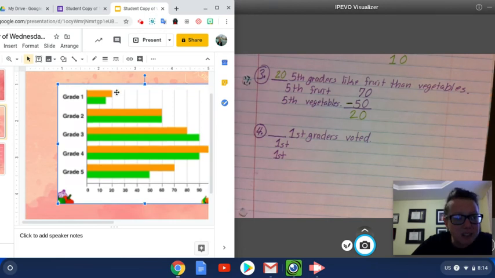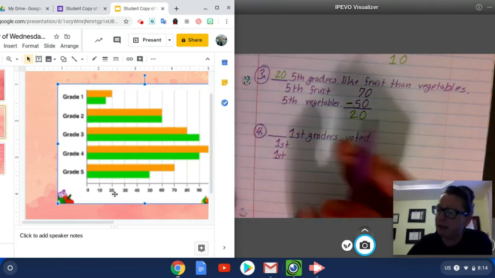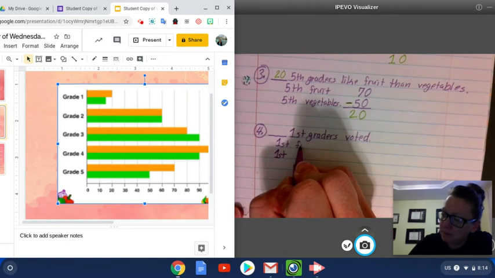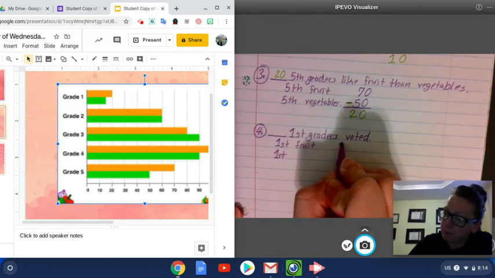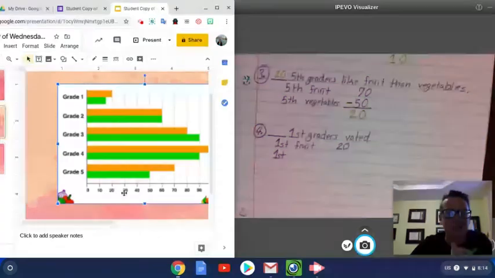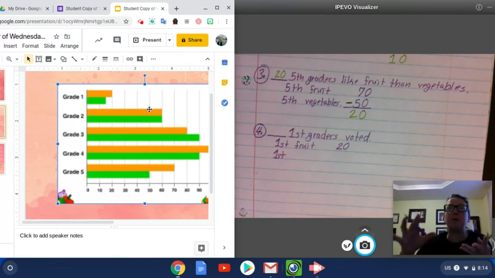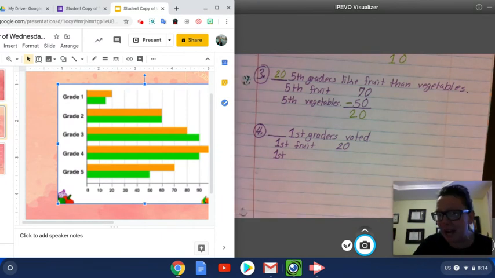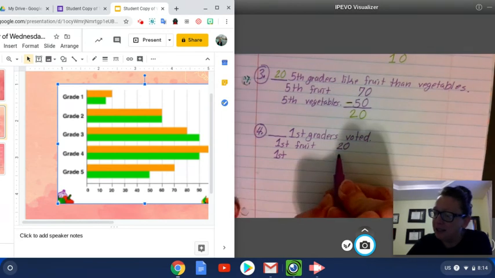First graders. 20 first graders like fruit. And I know, oh, look, this one's in the middle. If it's in the middle between 10 and 20, it splits it equally. What do we know that that has to be? Great job, 5, because 5 splits 10 equally.